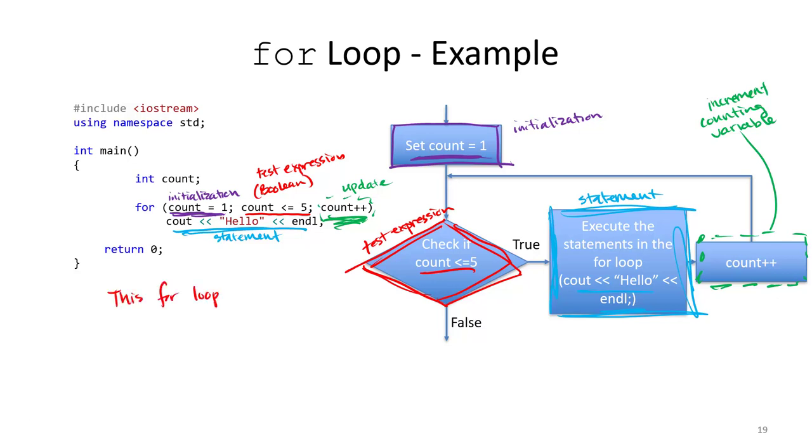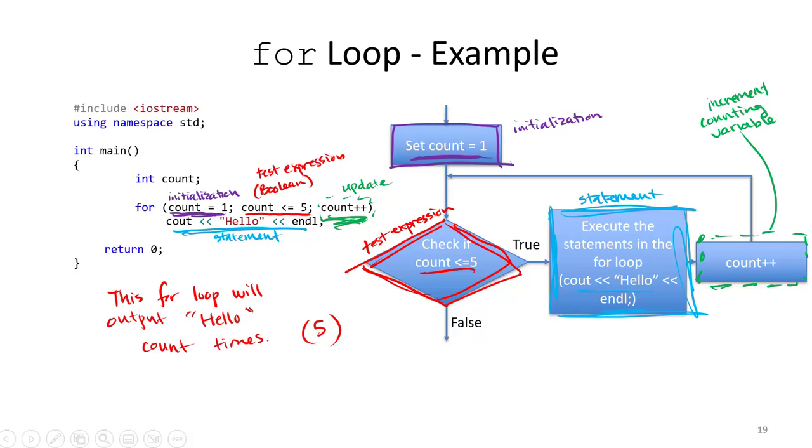This for loop will output hello count times. In this case, count is less than or equal to 5, so we'll get 5 hellos.